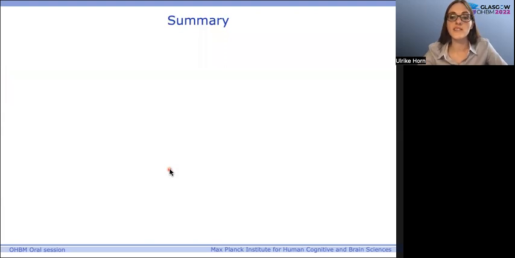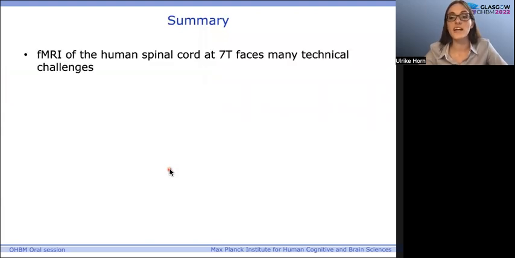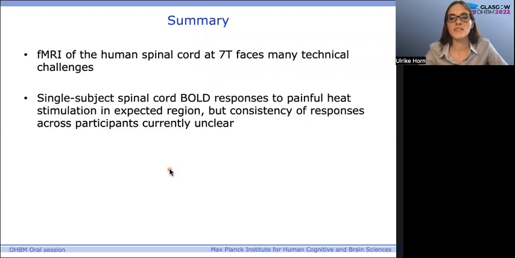In summary, we have seen that fMRI of the human spinal cord at 7T faces quite a few technical challenges. But despite this, we were able to observe single subject BOLD responses to painful heat stimulation in the expected region. Although the consistency of the responses across participants is currently unclear.